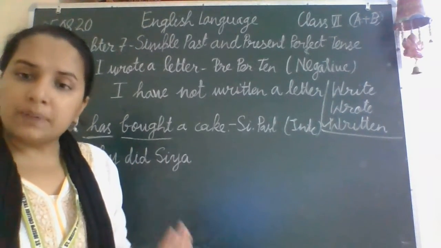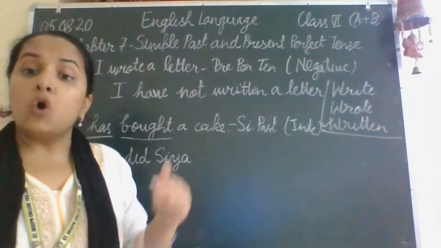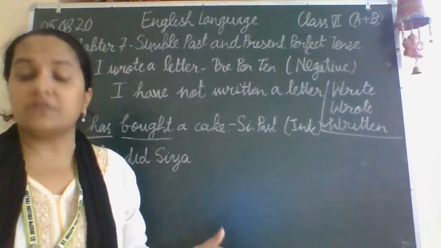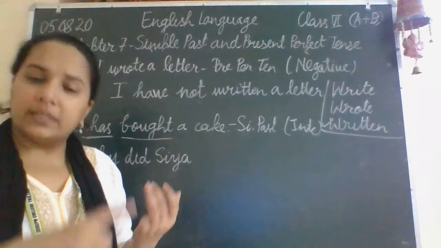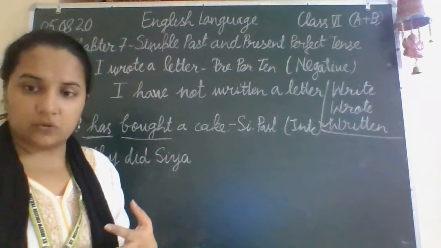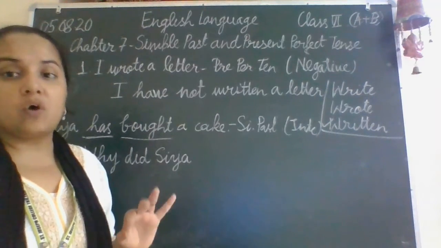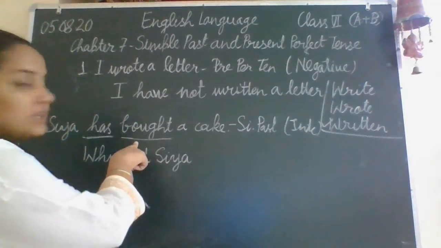Remember, in the simple past tense, we will use the second form of the verb only when the sentence is affirmative. For the negative and for the interrogative, we will always use only the first form of the verb. So, here the verb is bought.